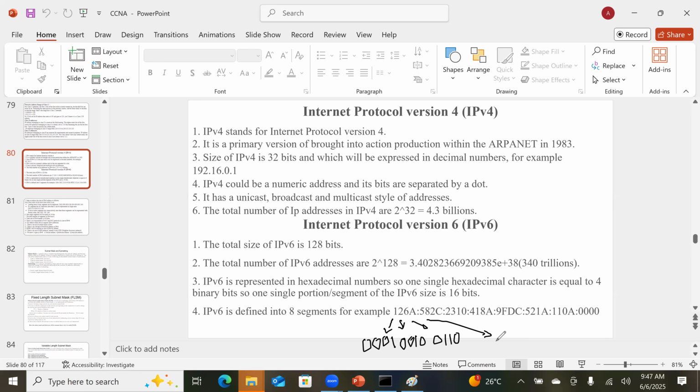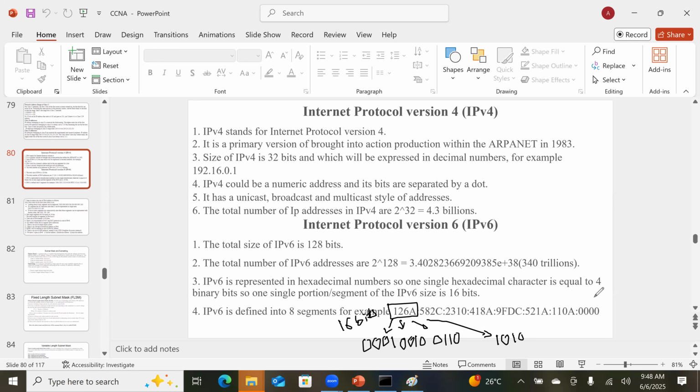What is the binary number? 1010. So how many bits do we have here? 4, 8, 12, and 16. So a single segment has 16 bits.